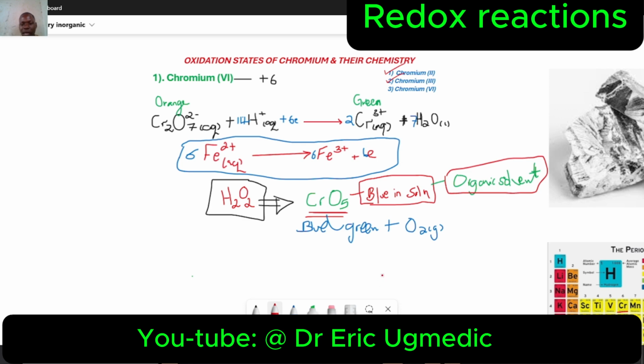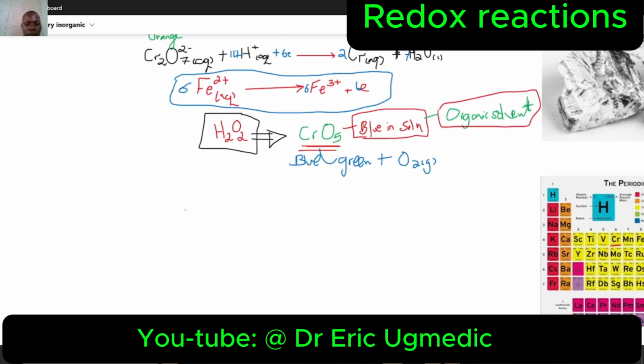So let's look at how this reaction actually proceeds. What will happen is that you have this dichromate, and instead of having the acidic medium, you will have rather water reacting with this.